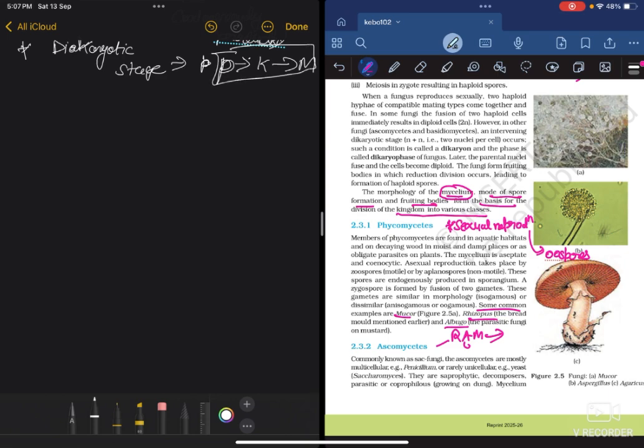In nutrition, they are saprophytic decomposers or coprophilous. They take nutrition by growing on dung, or by being saprophytic decomposers, or being parasitic.